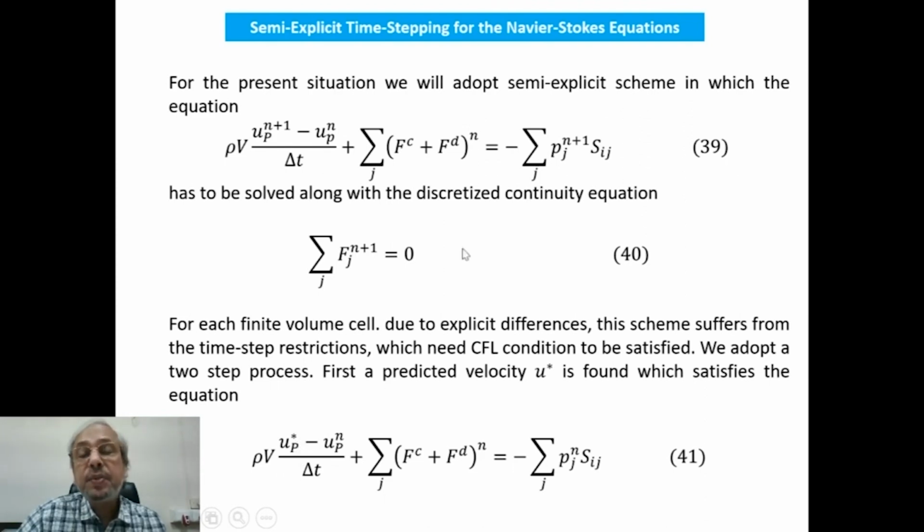Then the difference between these two equations gives us the relationships 39 and 41, velocity correction and pressure correction. Pressure has to be corrected so that pn evolves as pn plus 1, and velocity has to be corrected so that up star becomes up n plus 1. Then we have progressed from the nth level to level n plus 1.